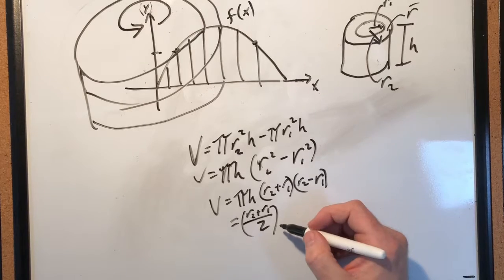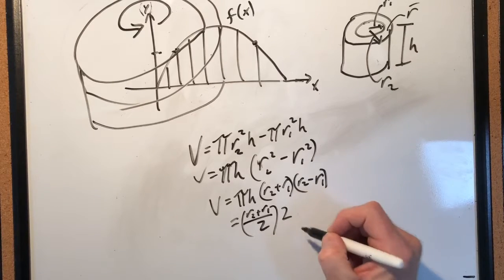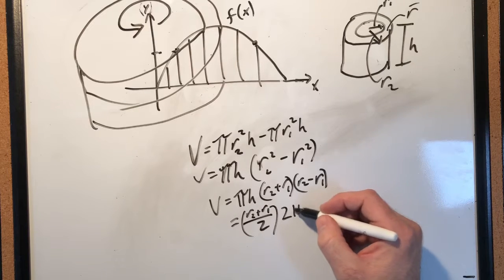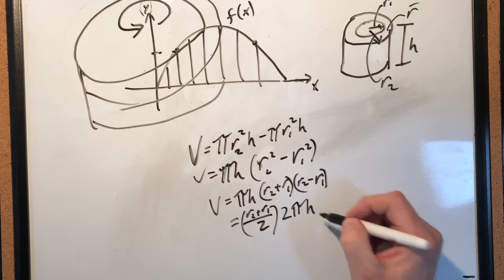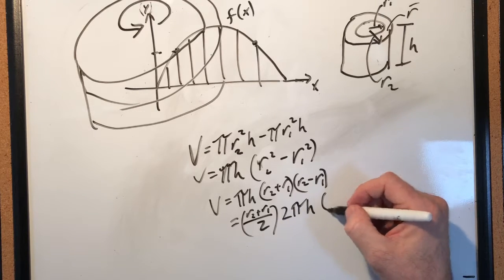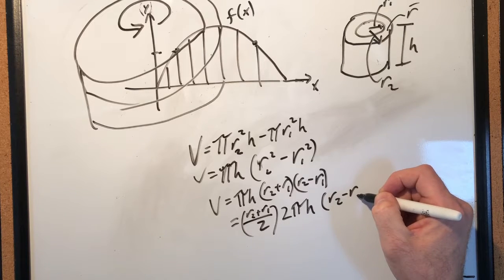Okay, and if we divide by 2 here, we have to multiply by a 2 on the outside. Okay, and so we have 2 pi h, and then R2 minus R1.